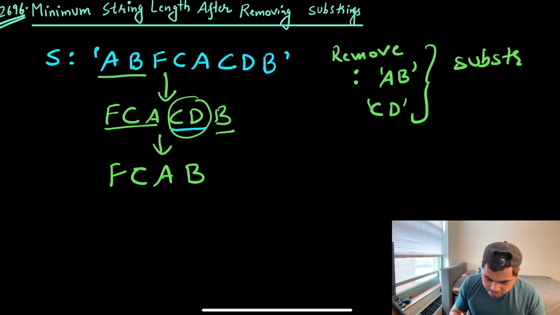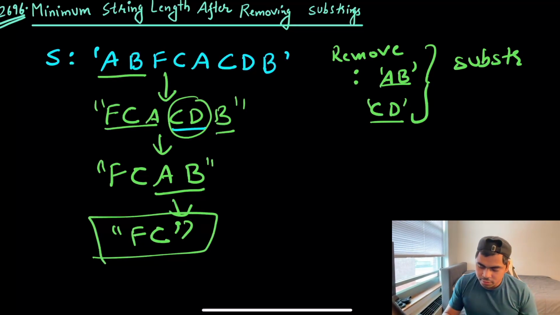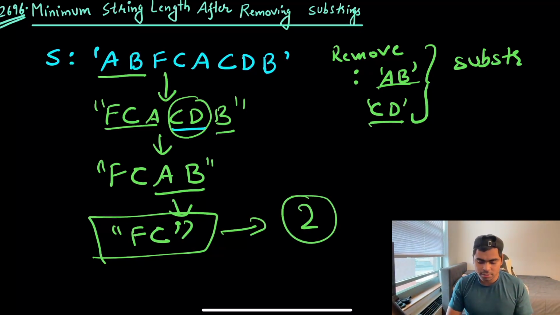If this particular string contains another substring that is CD or AB, now we again see AB. So what do we do? We remove it again, and then whatever is left, concatenate that. So FC. Now we can't find any occurrence of AB or CD. So what do we do? We remove 2 because that's the length of this substring.